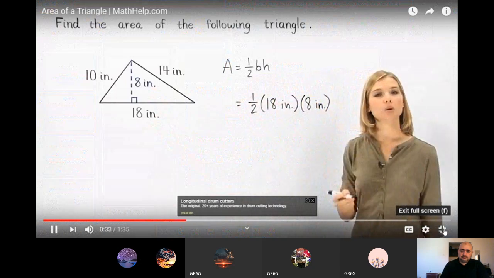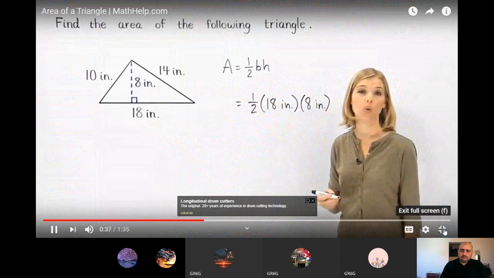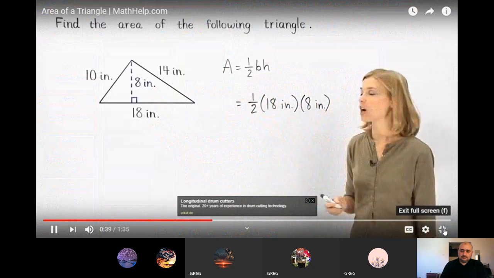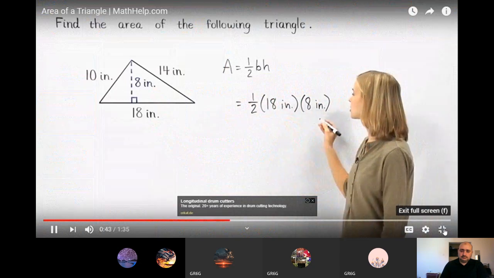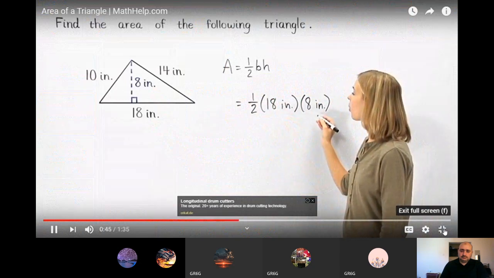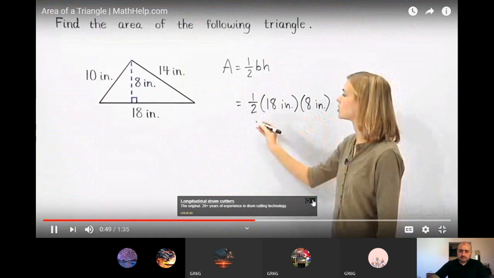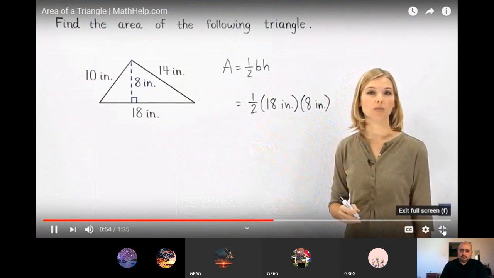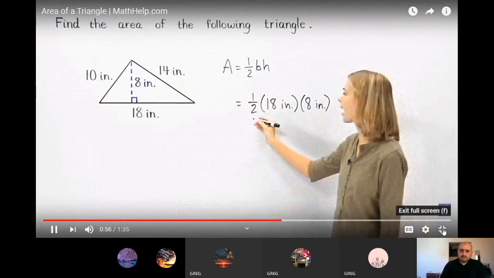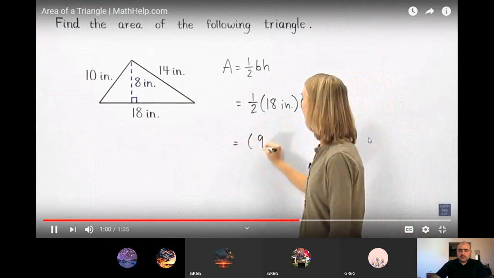Simplifying from here, it's important to understand that we can multiply these numbers together in any order we want. For example, we can multiply 1/2 by 18 inches, then multiply by 8 inches, or we can multiply 18 inches by 8 inches, then multiply by 1/2. The easiest way to do this problem is to multiply 1/2 by 18 inches to get 9.